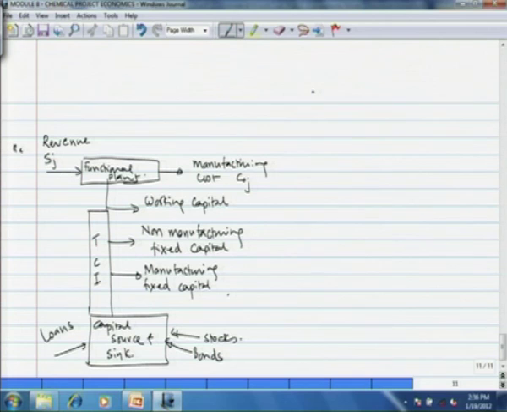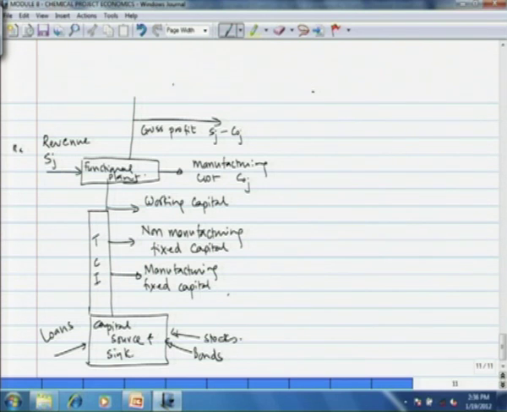Then part of the revenue is retained as depreciation fund. So, the gross profit, the next term of the tree is this revenue minus the operating cost or the manufacturing cost.